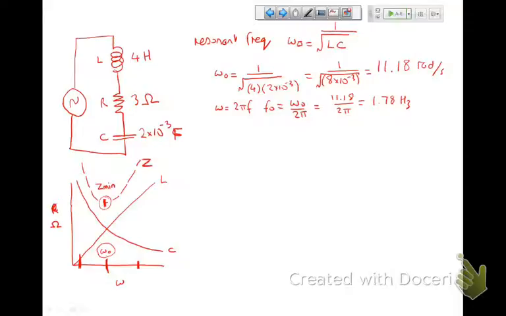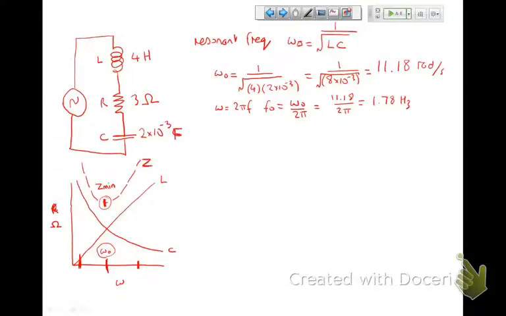Let me just check my numbers on that, but I think I'm right. It's 11 over about 6, so I know it's going to be about 2. I'm wrong.